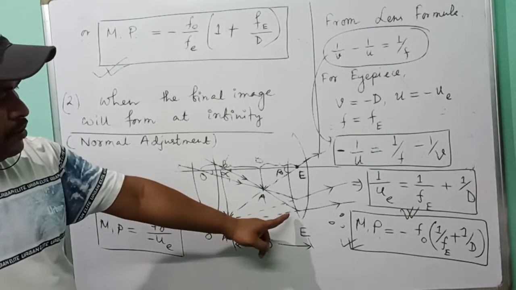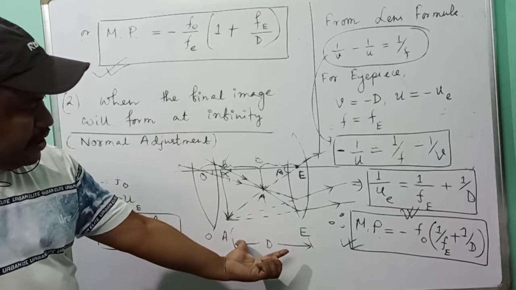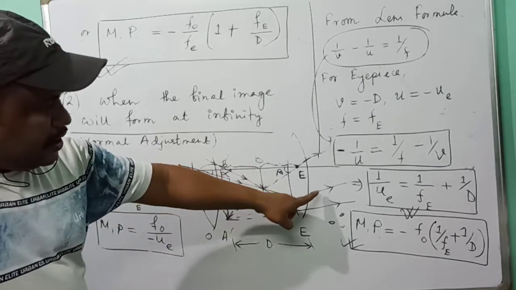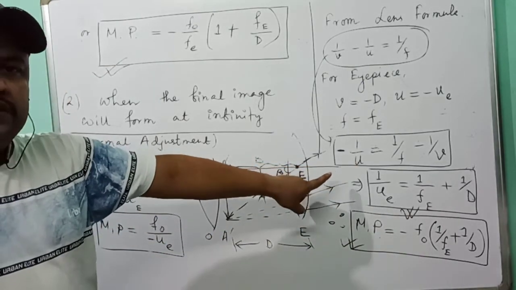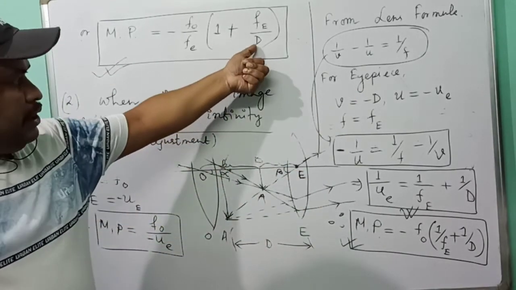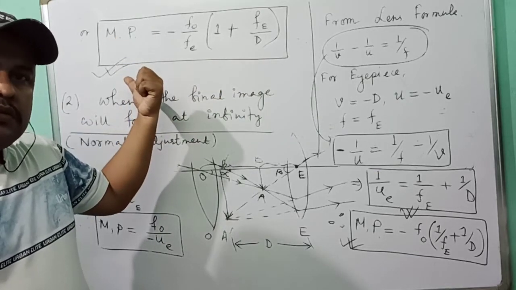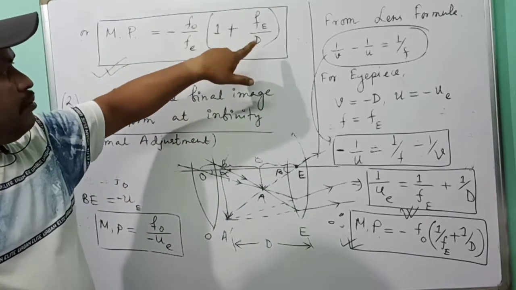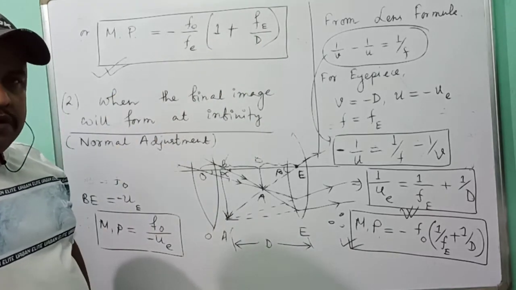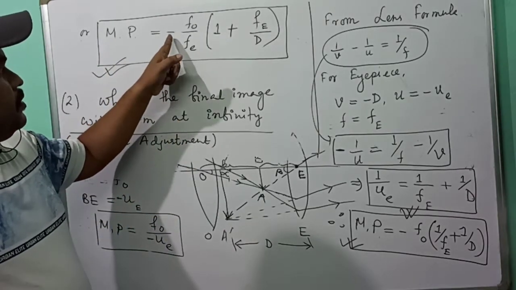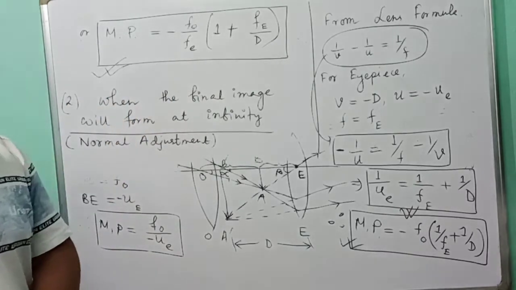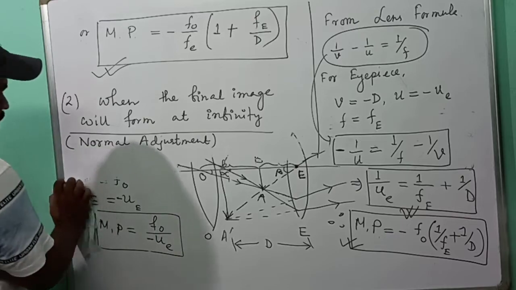Now if the final image forms at infinity, the rays after refraction from the eyepiece lens will become parallel, then D will become infinite. So 1 by infinite will be 0. Then your equation will become minus F naught by Fe.